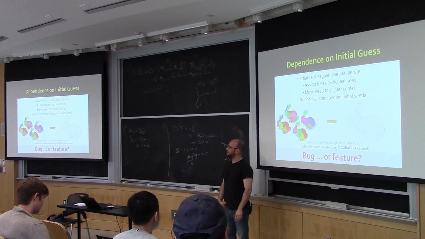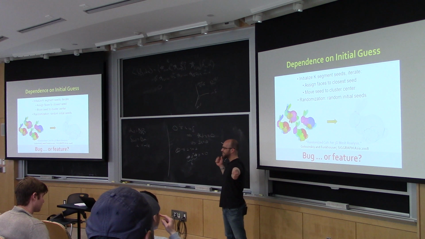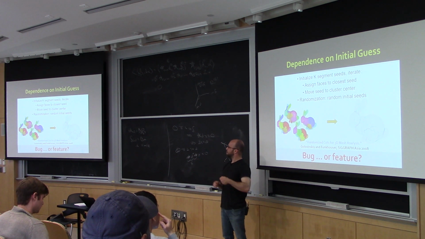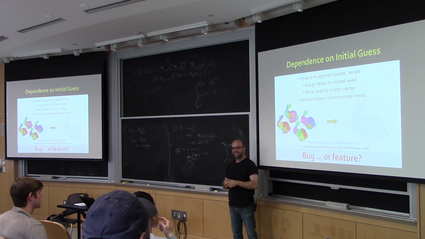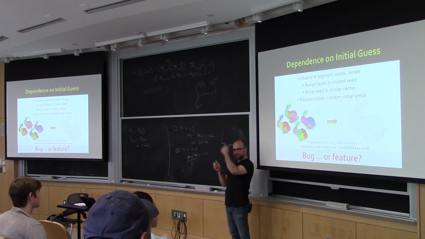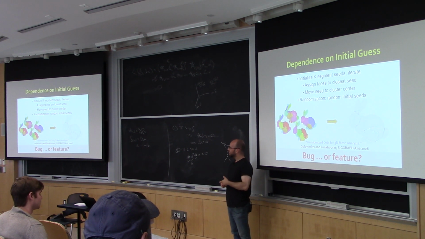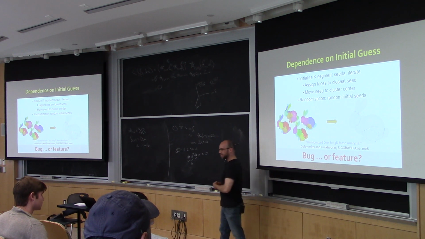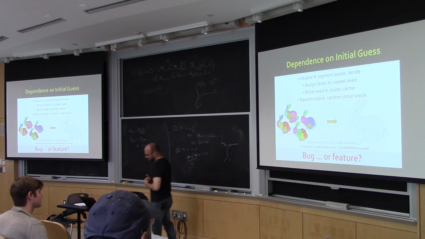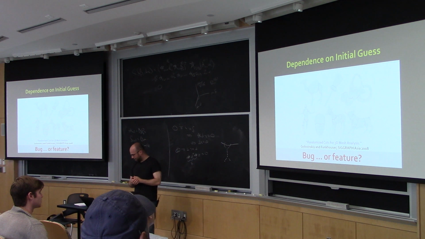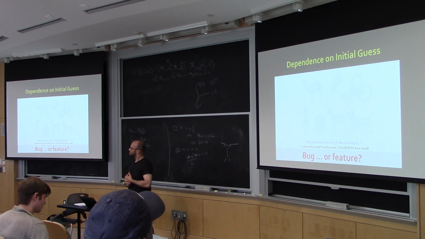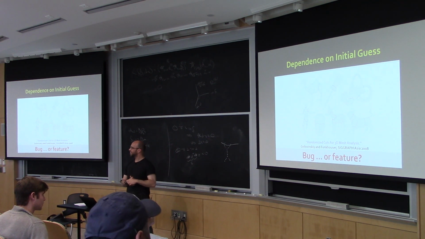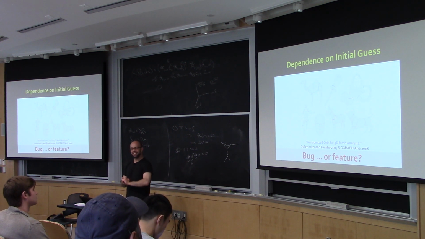It's initialization dependent, so maybe what I do is I just run it 1,000 times, I get 1,000 different cuts of my mesh, and then I say that a good segmentation is somehow one that has edges that tend to appear more often when I do that, right? So for every edge of my mesh, I just count the number of times that it was cut, and they tend to get a pretty nice segmentation this way. This is kind of a clever trick. And indeed, that sort of alleviates your dependence on initial guess, because in some sense they're computing an expectation now under the K-means algorithm. Makes sense? This is kind of a clever trick.